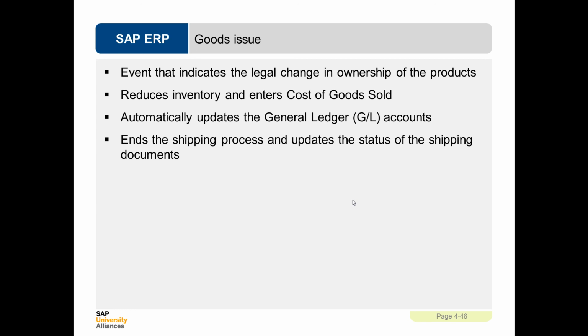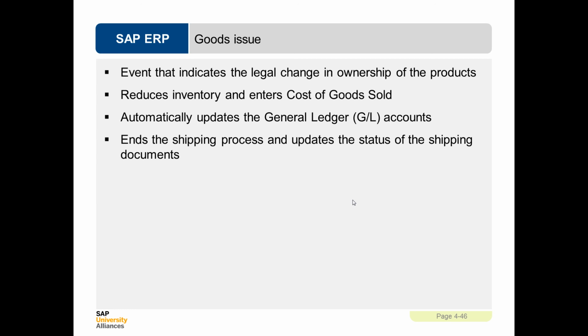And these are what's known as the material movements or goods processes. And there are four material movements processes that we're going to be looking at. The first one is something called goods issue.